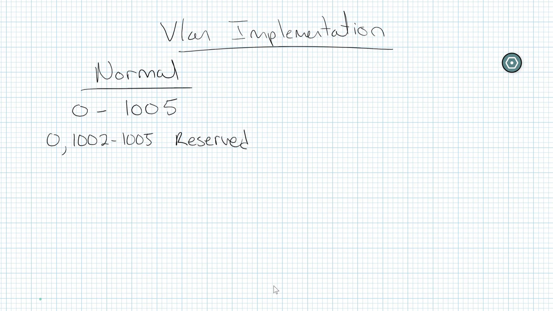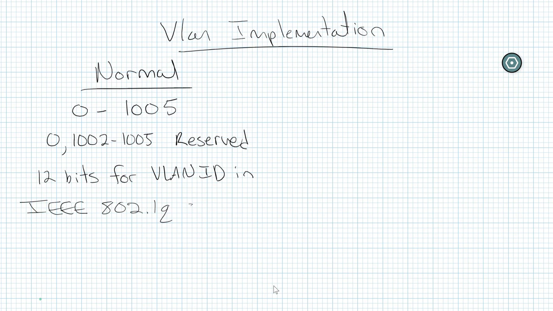The reason for this, and you'll only ever see 4096 on a 2960 or a 3560 switch, is because there's 12 bits dedicated to the VLAN ID in the 802.1Q standard.